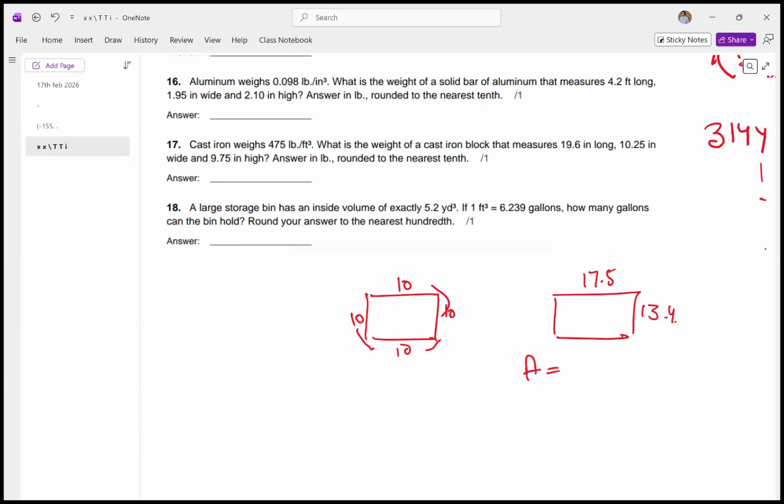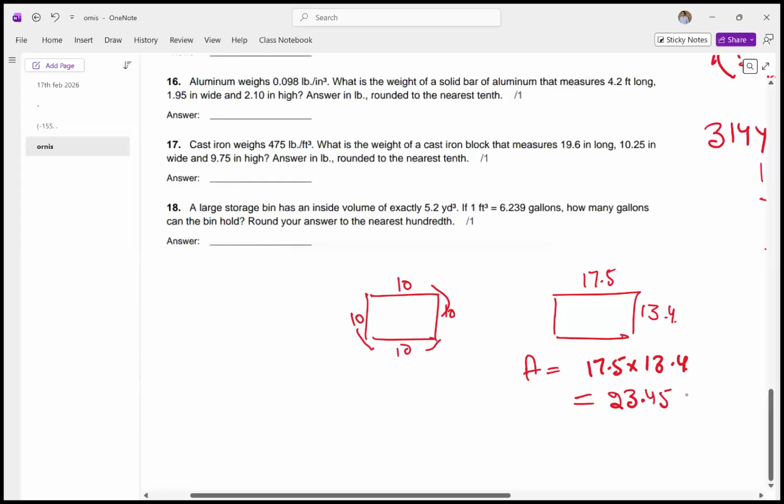So 17.5 multiplied by 13.4, that's going to give me the answer as, let me do the calculation here, 17.5 multiplied by 13.4, 234.5 square feet. That's the number I'm going to get.